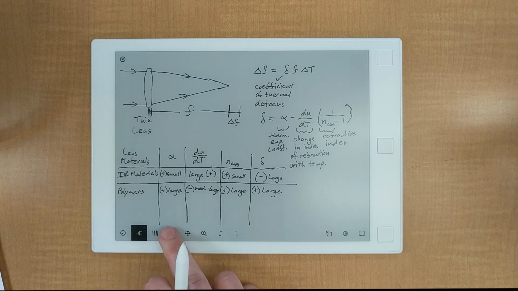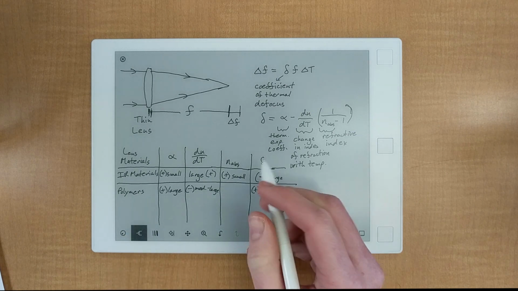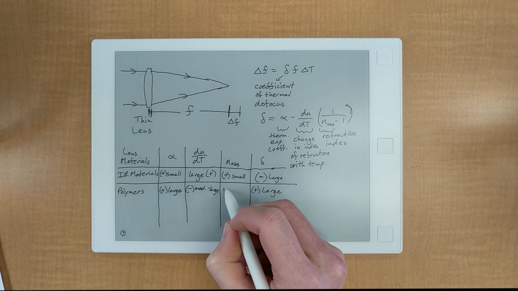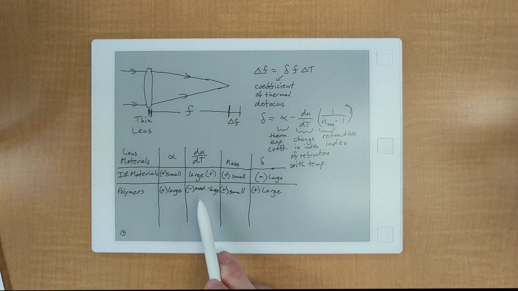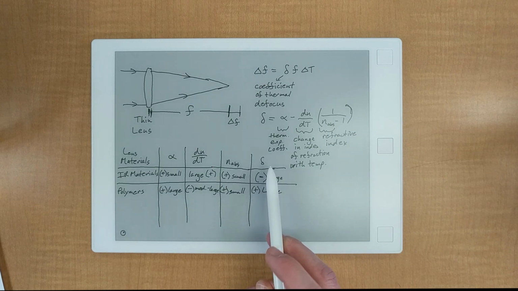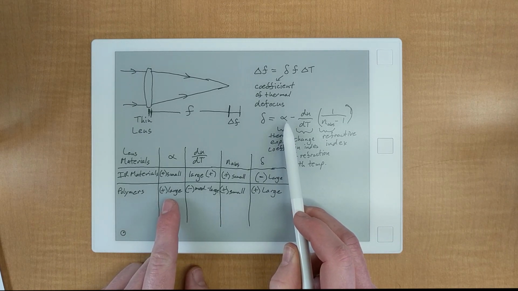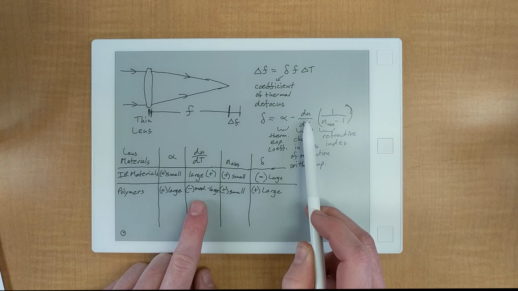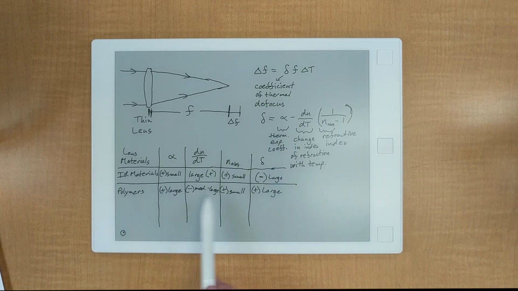Let's erase this, so this will actually be positive, but small as well. You'll have a very large positive delta because a positive thermal expansion coefficient that's large minus a negative dN dt makes this term positive. So for polymers, this is going to be a very large number.